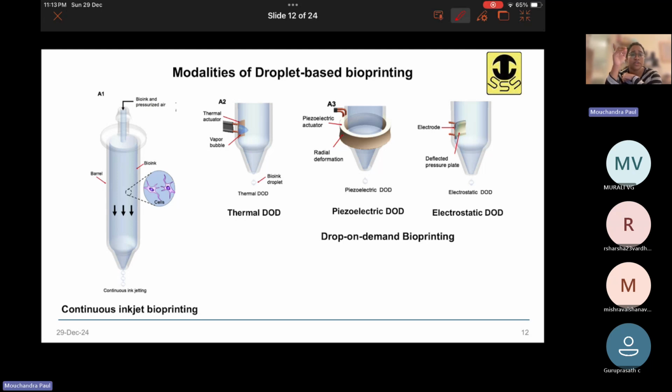Or you can use pressure plates that move from their position in presence of an electric field, which transiently increases or decreases the volume of the bio ink inside the cartridge, and that helps in generation of a droplet. All right. So all these four techniques are inkjet, meaning a needle is needed for generation of droplets.